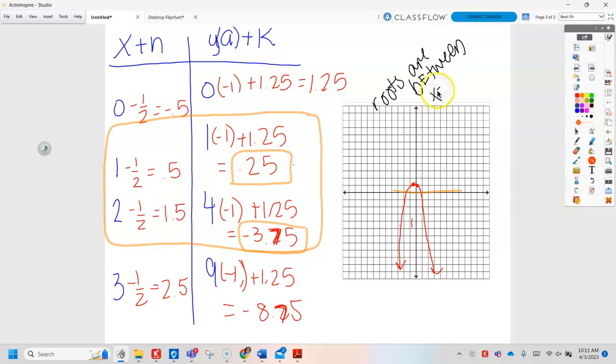So between x equals a half and x equals 1.5. On the left side, it's going to be between negative 1 and negative 2. And again, if you pulled it from the graph, instead of a half and 1.5, you could have said 0 and 1, because you can see that from your graph.